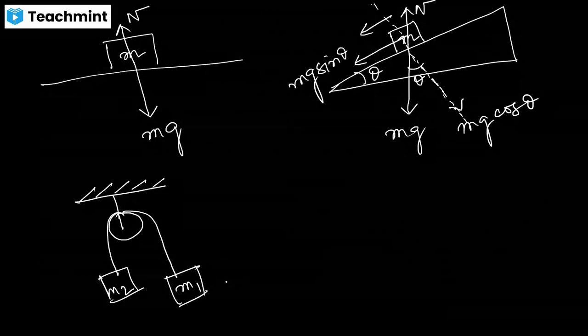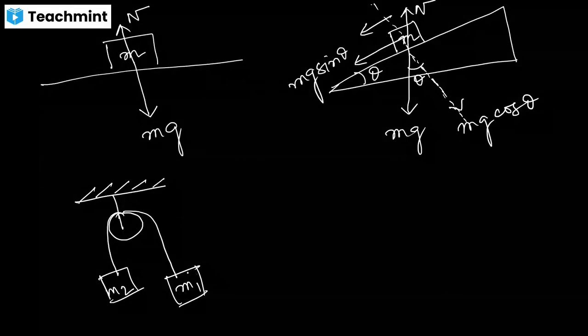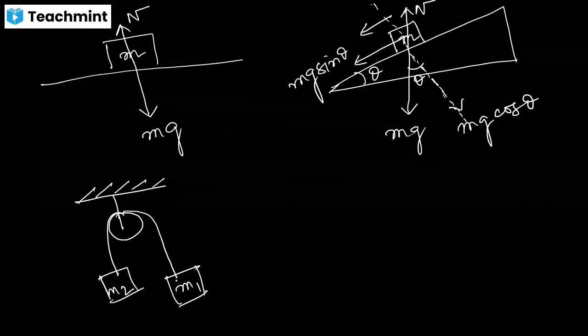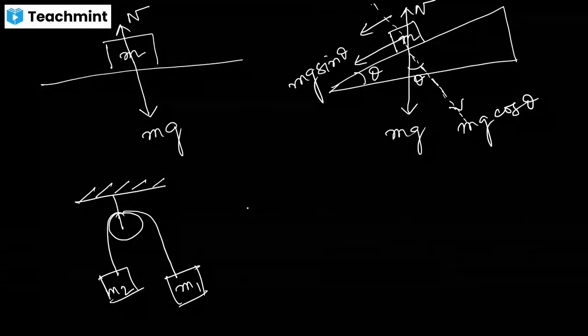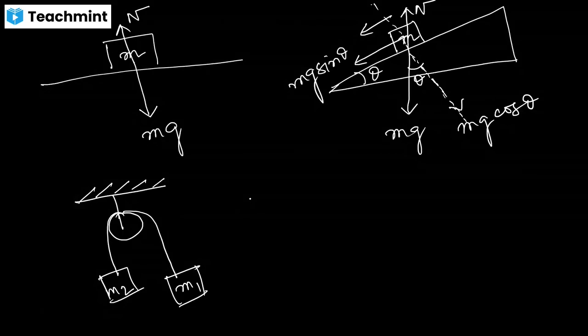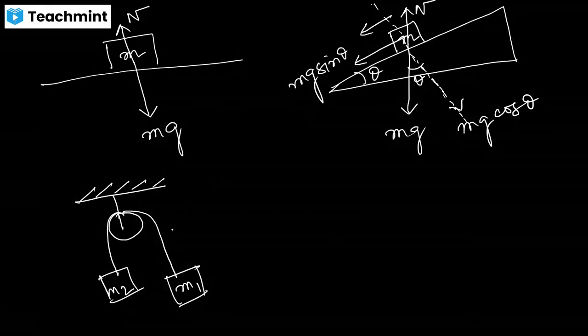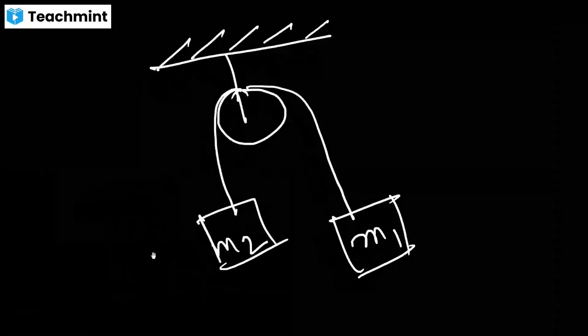So how can the free body diagrams be made with respect to this one for M1 and M2? Actually, sorry, I have just made the diagram and it is not straight, but you can move your phone to see the diagram in a straight way. Even I can zoom into that picture as well.